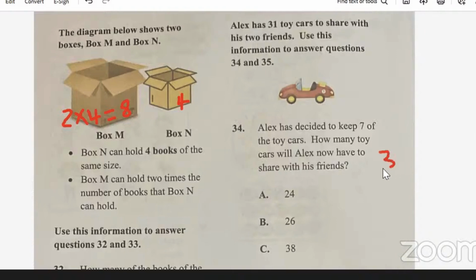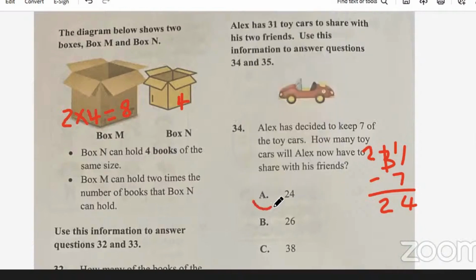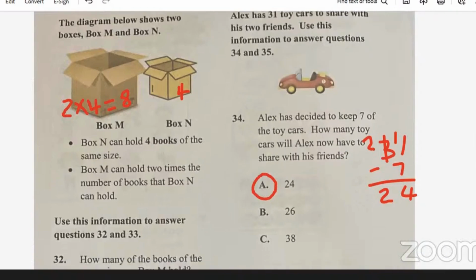So he had 31. He took 7. So he now has 24, because when we subtract 7 from 31, we are left with 24. So he now has 24, which is A, to share with his friends.